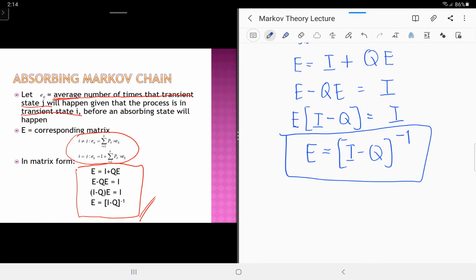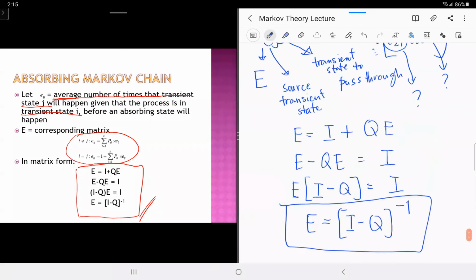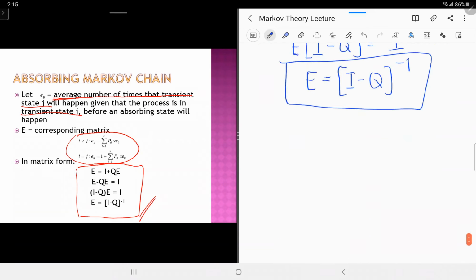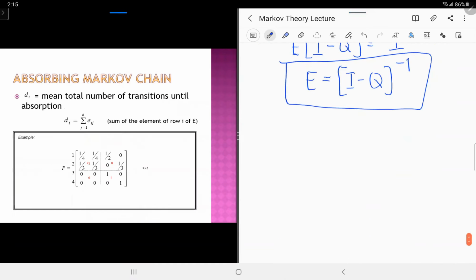But if you want to know how to do it, then you have to go back to either your IMEMAT, Indumat, or IEOPER 1, where you did a lot of inverse calculations for the revised simplex method of solving LP models. Okay, so if this formula is clear, then we are now able to solve EIJ. Okay, this is solved. So let's go to an example.